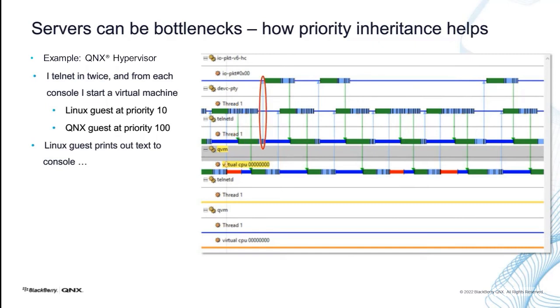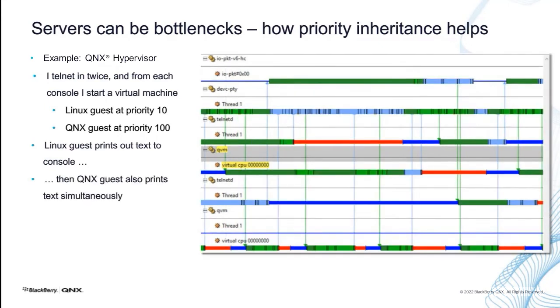And from there, the telnet daemon sends the console data that is being printed out to the networking stack to be sent out. Now, with all these servers involved, we can observe something interesting. The time the Linux VM is waiting until these operations are complete is always the same.